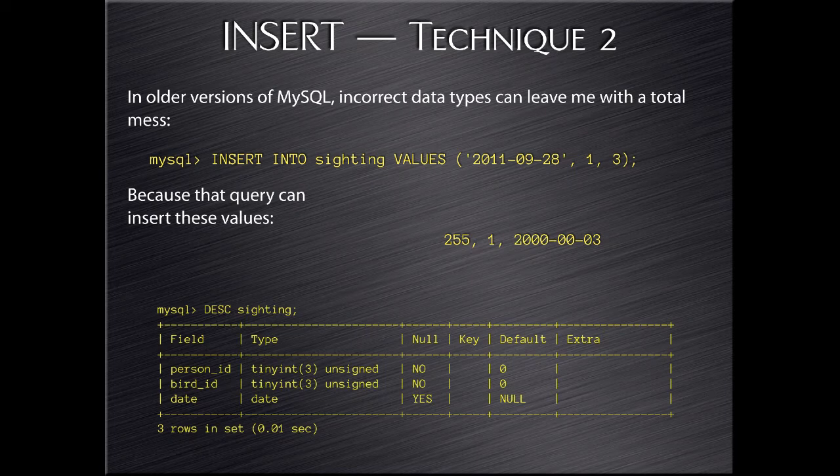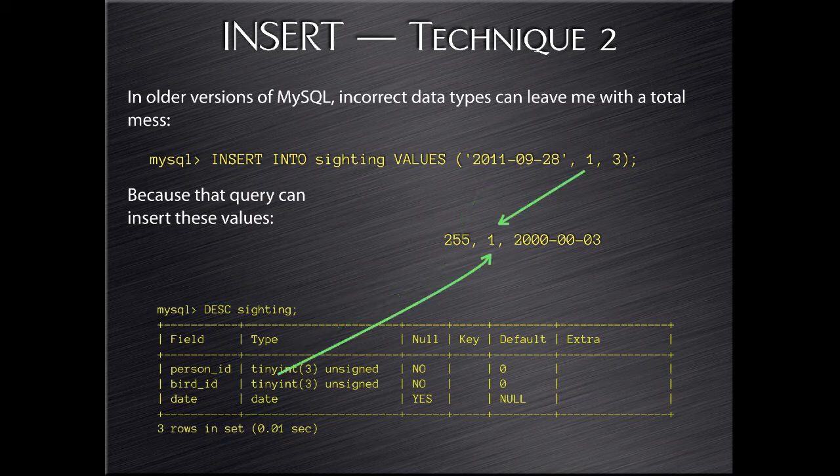And in this case, it maxes out at 255 because that's the biggest number that I can put into a tiny int column. So it takes that string, it looks at a tiny int, and it just says, well, the biggest number I can put in is 255. I have a way bigger number, so I'm just going to put in 255, right?